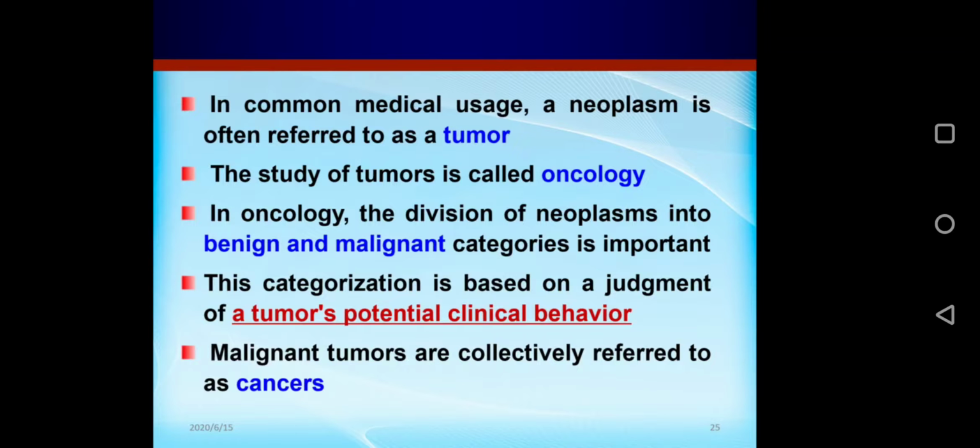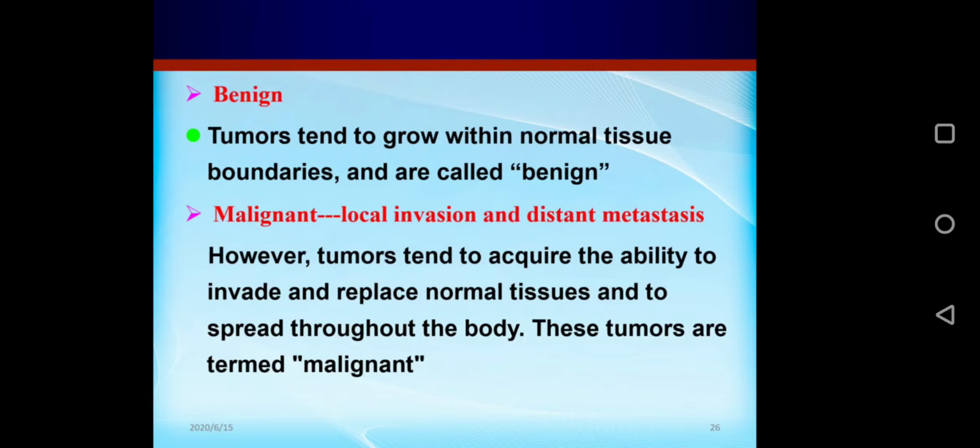The study of tumors is called oncology. In oncology, the division of neoplasms into benign and malignant is very important. This categorization is based on a judgment of the tumor's potential clinical behavior. Malignant tumors are collectively referred to as cancers. If tumors tend to grow within normal tissue boundaries, we call this a benign tumor.